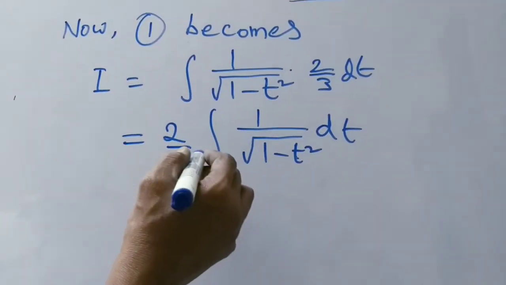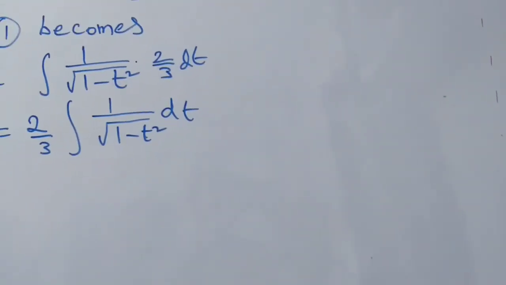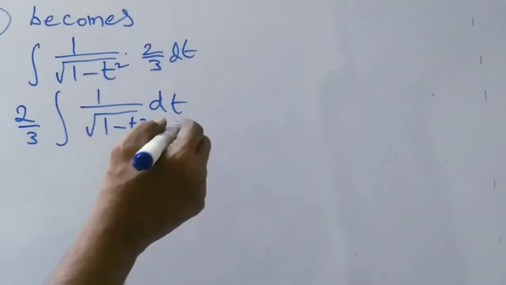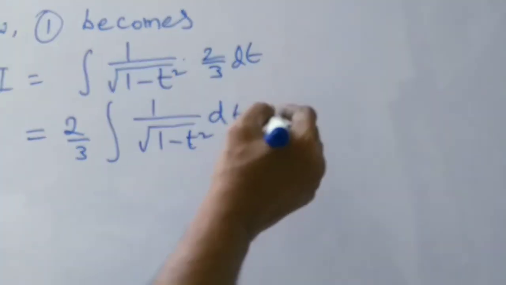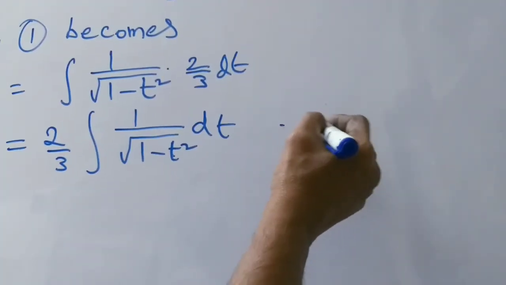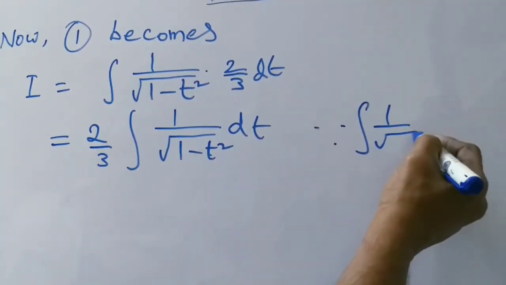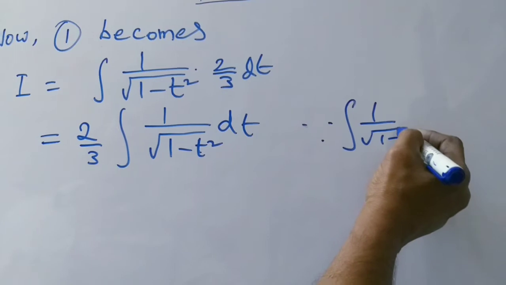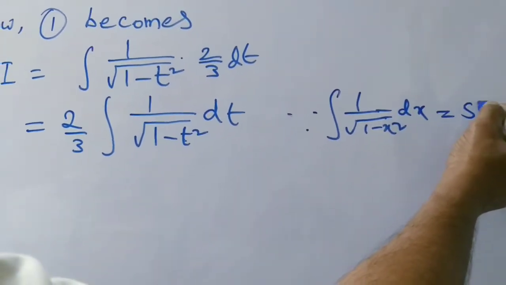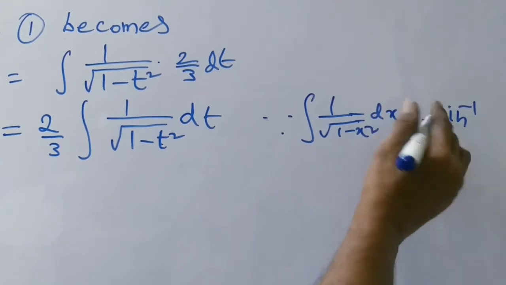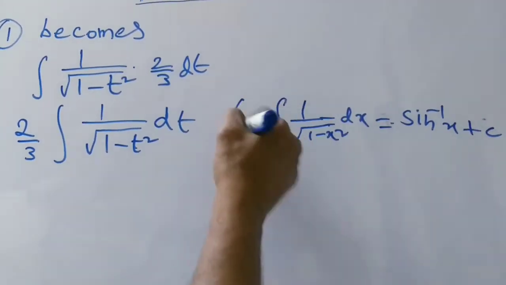It seems to be of the form: the integral of 1 by square root of 1 minus x square dx is equal to sin inverse x plus c.